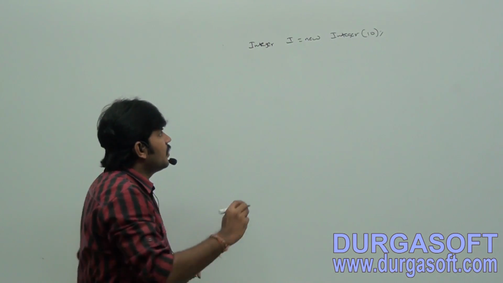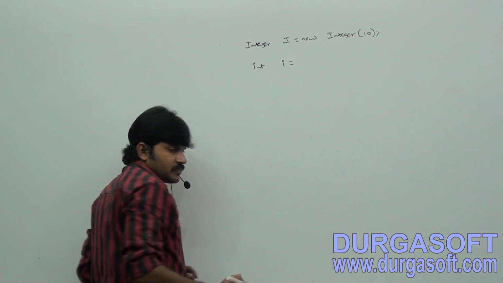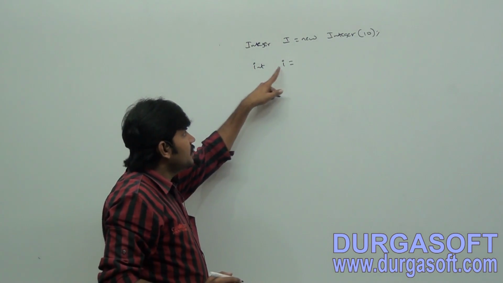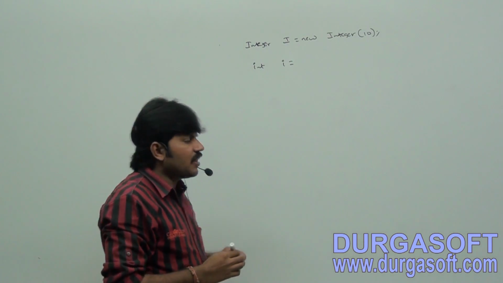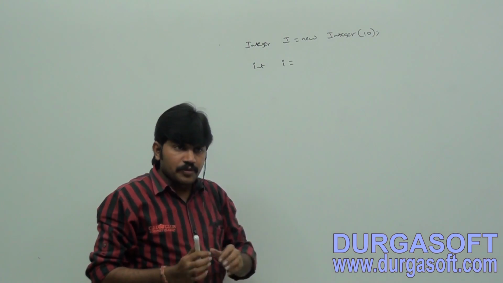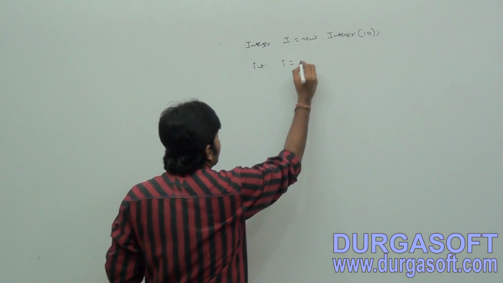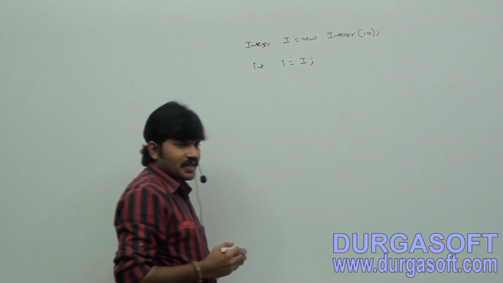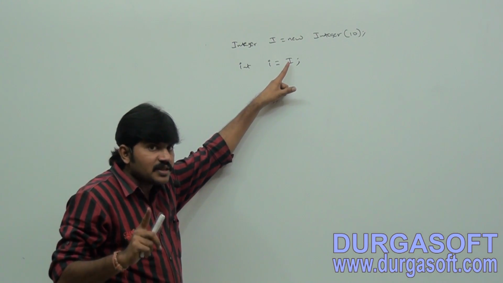I want int i = that object. int i always expects a primitive, but instead of a primitive I am providing a wrapper object. Is it valid or not?